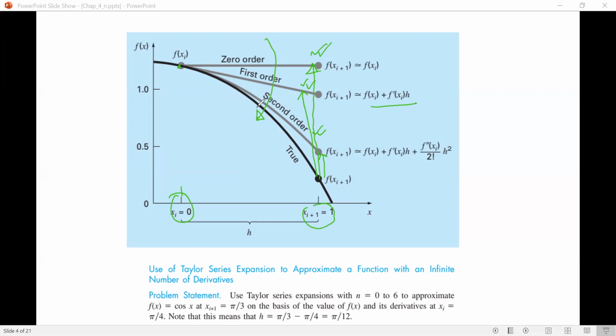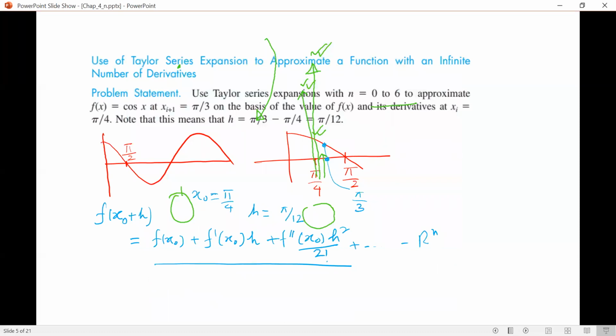But how far do we need to go? As this function is known to you, that function will have a finite number of derivatives. So you can truncate your calculation after a few terms, or you can even go up to the point where your derivative becomes zero. But we may have a situation where the number of derivatives is infinite.